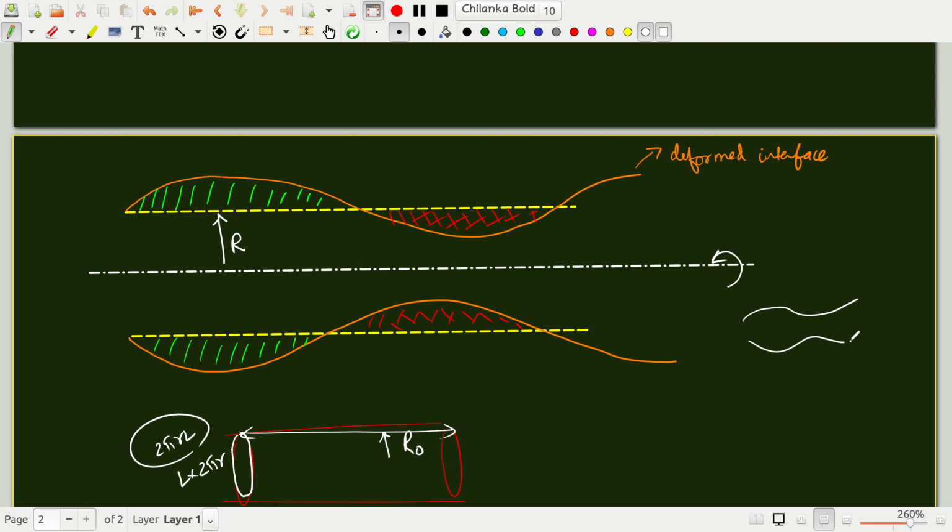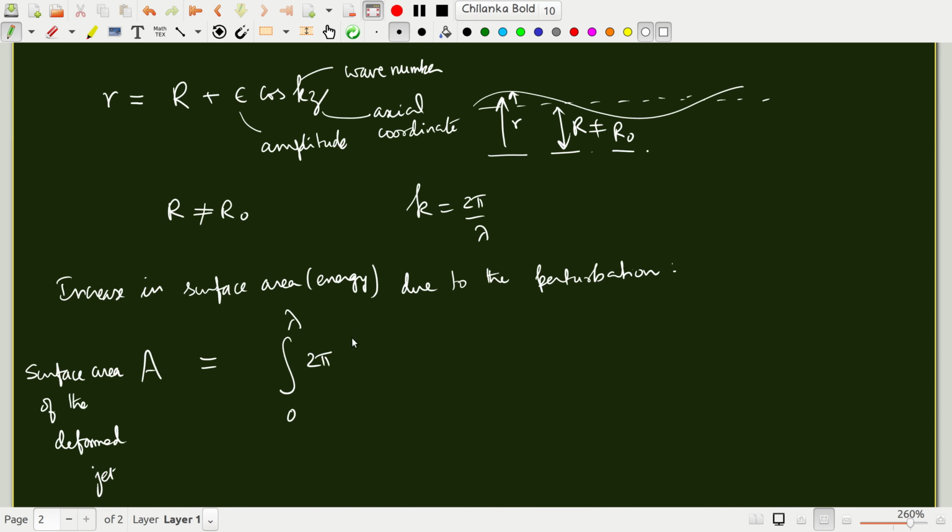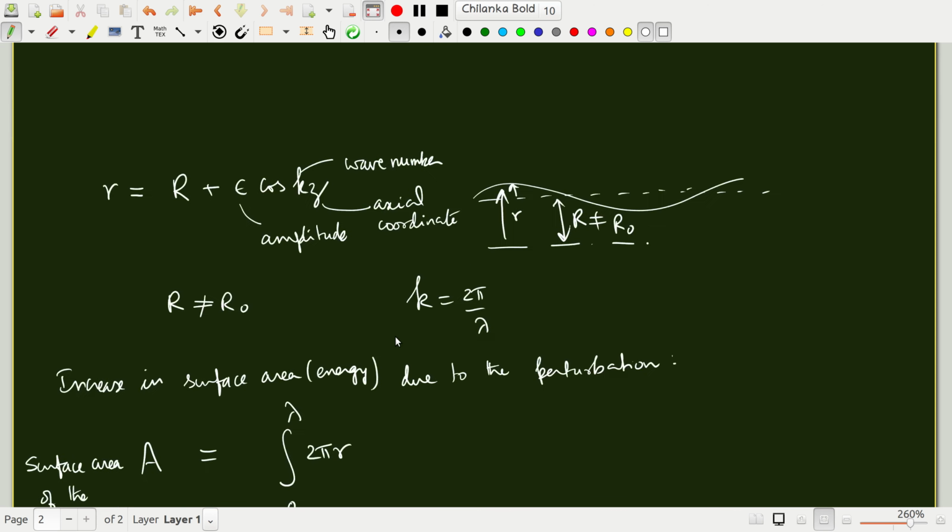Okay, now let's take each cross section. Let's take a thin slice. That very thin slice will appear like a cylinder of length dz, and the circumference of that cylinder is locally 2 pi r, right? So if I do this 2 pi r, and then instead of integrating over z, you have to now integrate over the arc length ds.